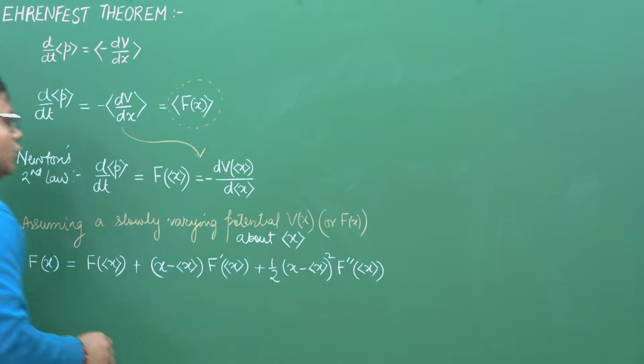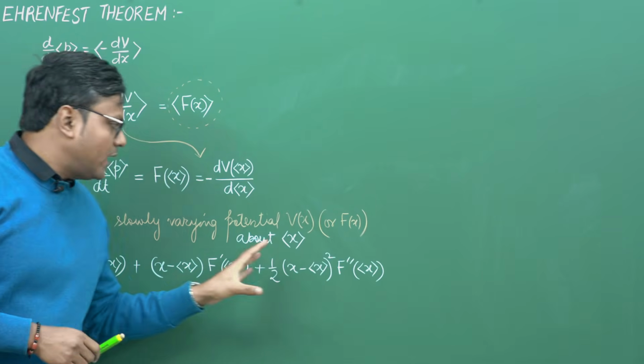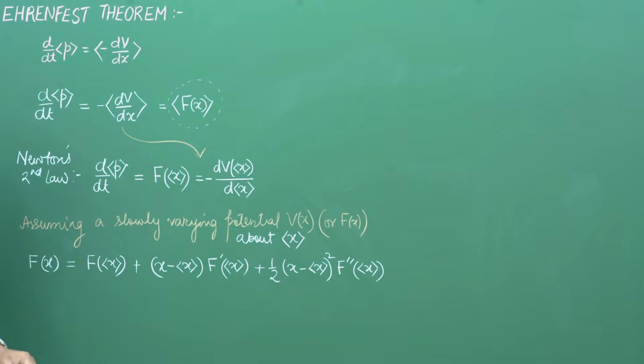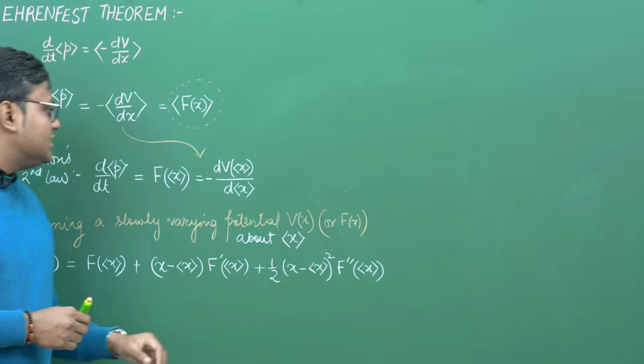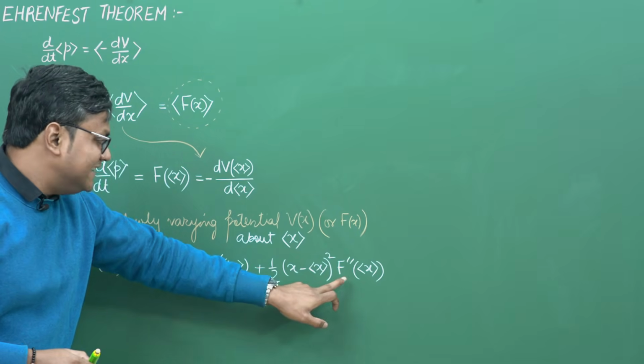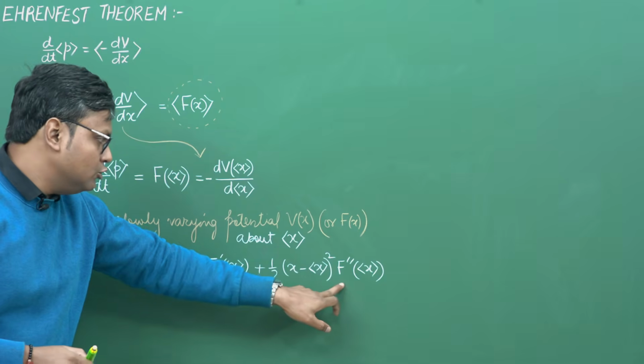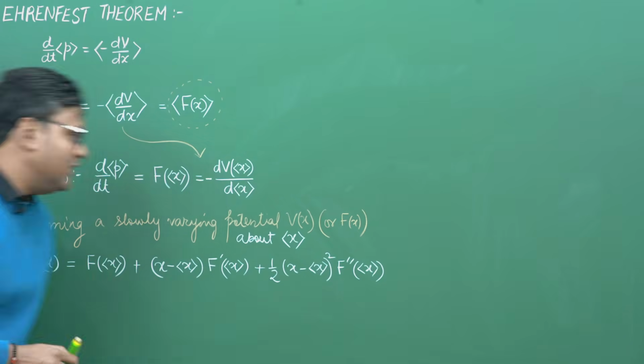Then you have higher order terms, but let's suppose we take a slowly varying potential, so we can exclude the higher order terms. In terms of potential, I will have a del cube V upon del x cube term here, and the other terms I am ignoring.